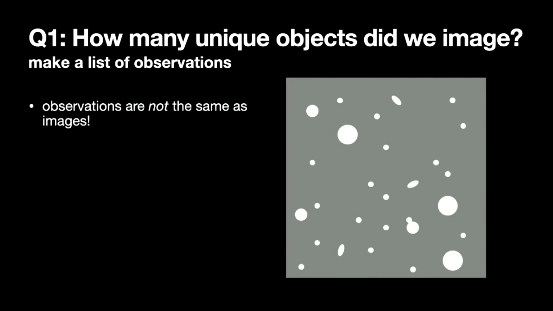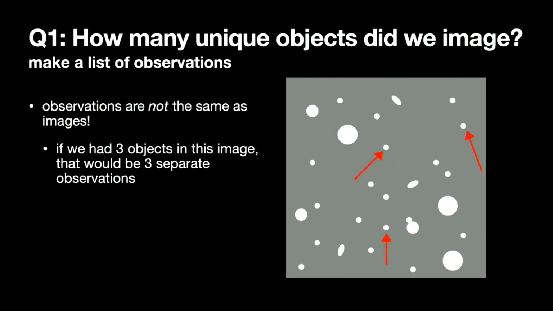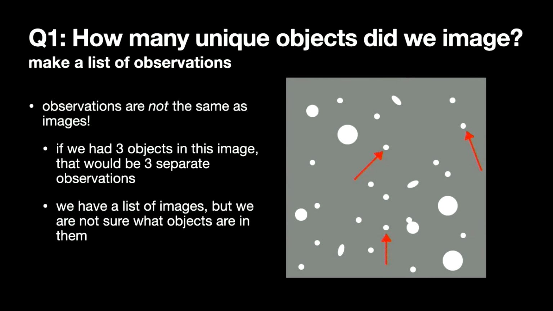That's not helpful for me. What I do want to know is, for example, let's say this is image 5, and there are 3 TNOs in this image. That's 3 separate observations, and that's what I want to catalog. Basically, we had a list of images, but we weren't sure what objects were in these images.